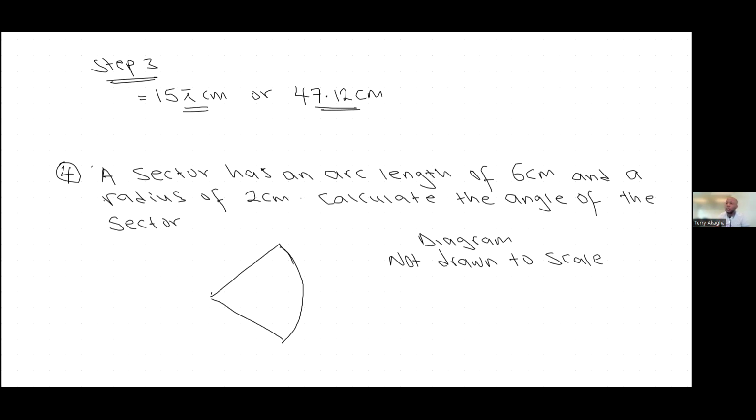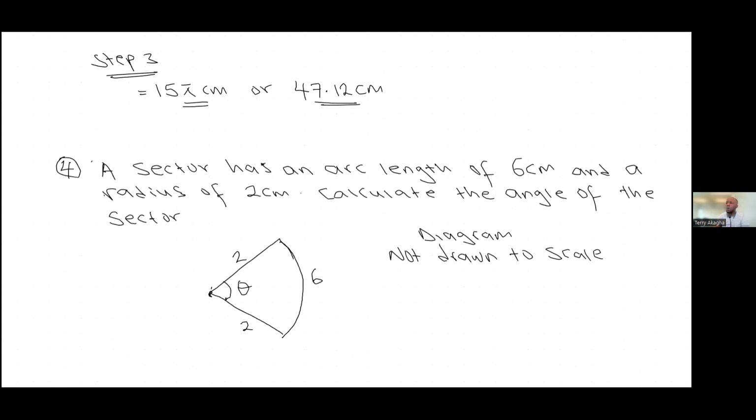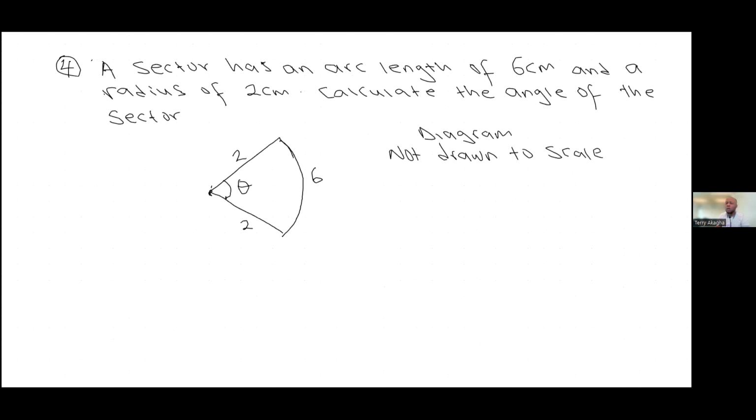Based on this, we have the radius is 2 centimeters, and the arc length is 6. So they want you to find the angle here, theta. How do you find the angle here? Straight to the point. Step 1, we're always told that we need to bring out the information we have.